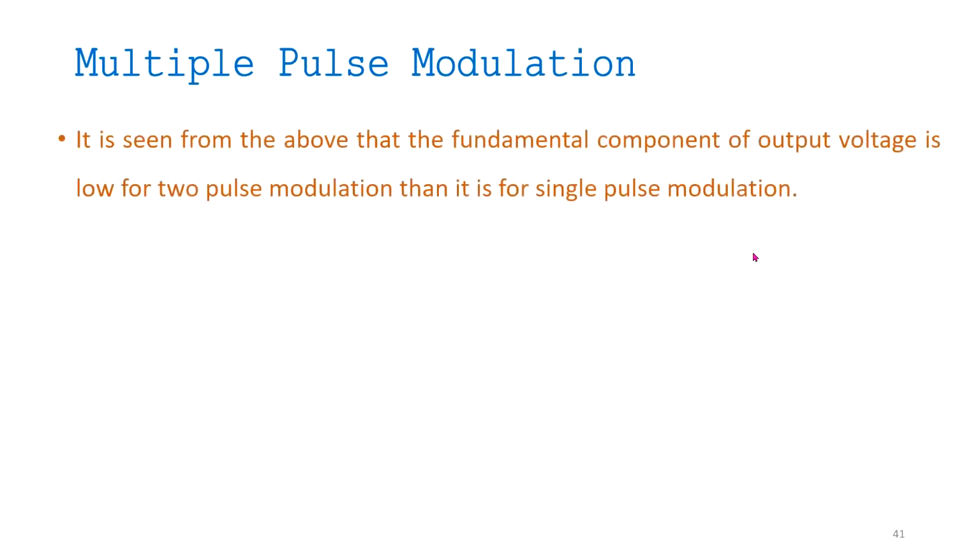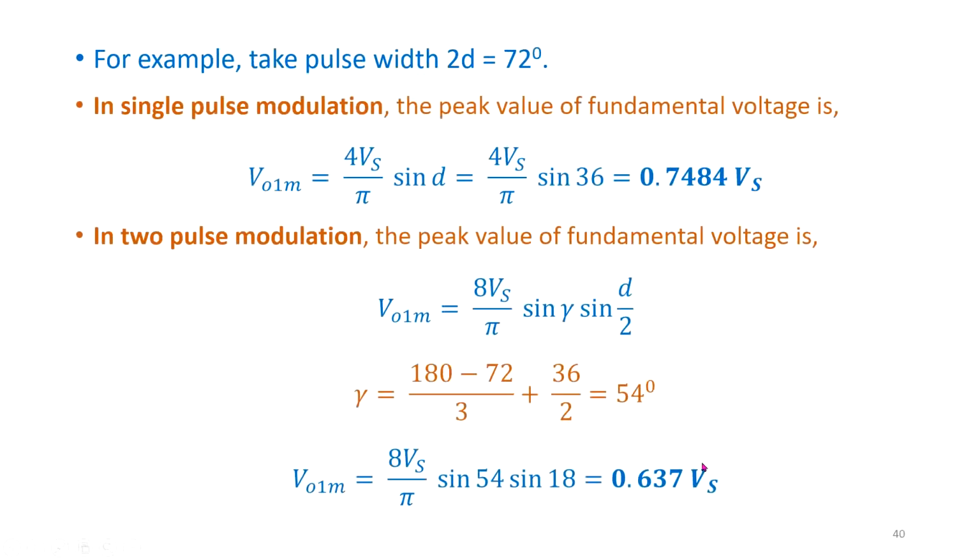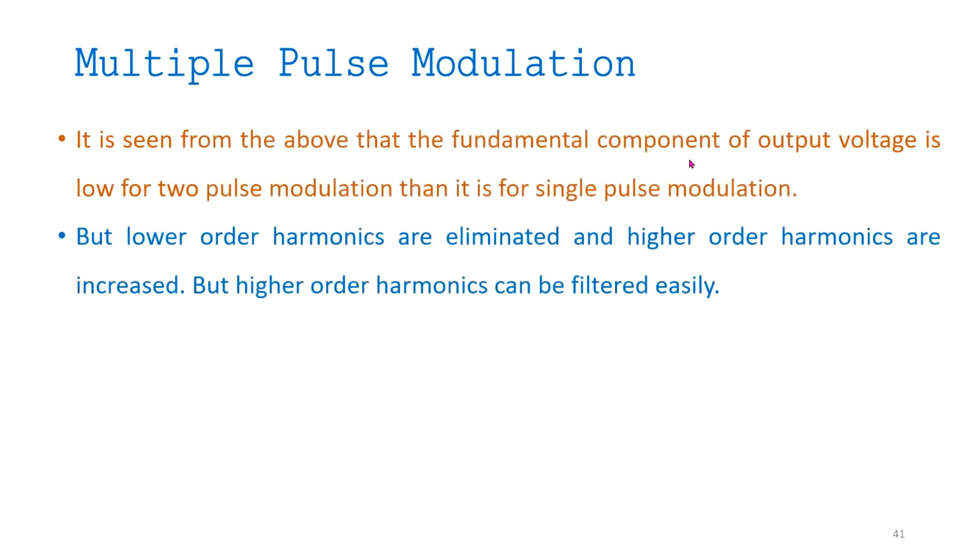What we have seen is that the fundamental component of output voltage is lower for two pulse modulation as compared to single pulse. But lower order harmonics are eliminated and higher order harmonics are increased, but higher harmonics can be filtered easily.